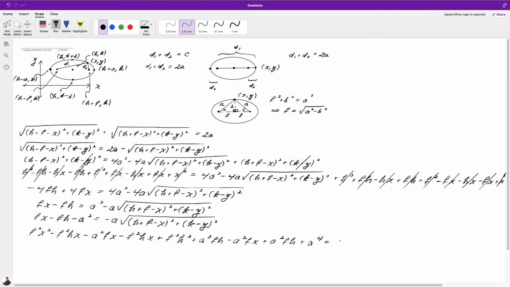And squaring the right-hand side, I'm just going to have a squared times, well, I'm just going to go ahead and distribute the a squared to everything in here. Okay, if we're okay with that, it's going to give me (h plus f minus x) all squared plus a squared times the quantity (k minus y) all squared.